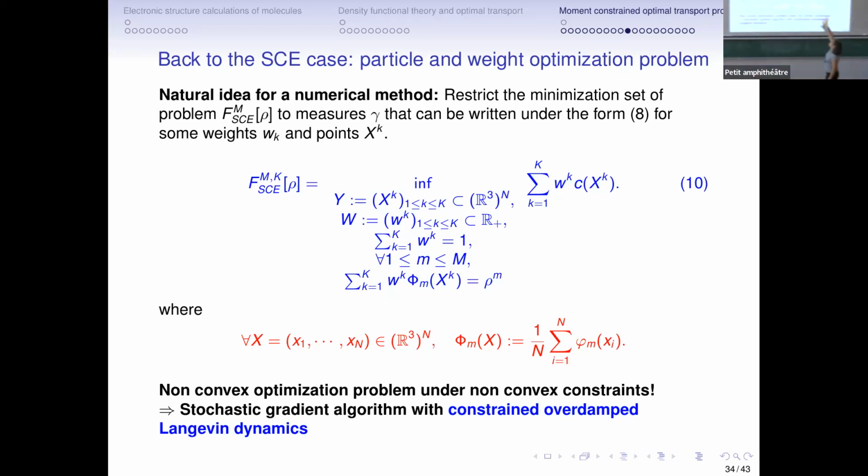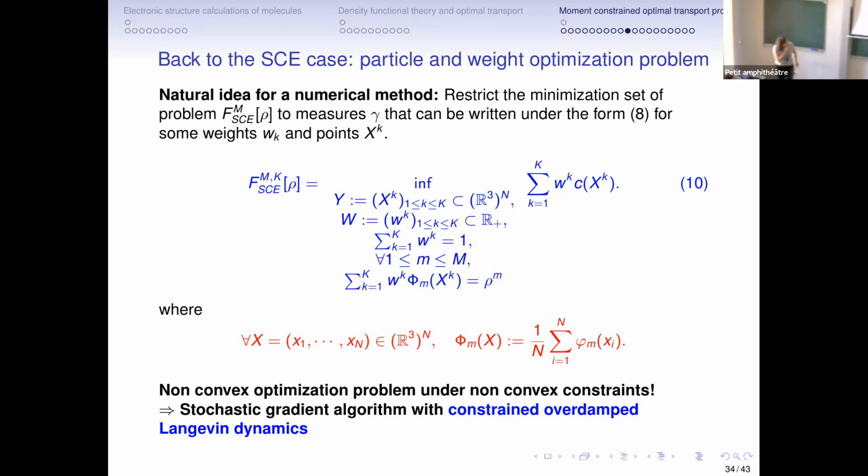So all in all, this reads as a non-convex optimization problem with non-convex constraints, but with a number of unknowns that is smaller than what you would have obtained with standard numerical methods. So there is no free lunch. If you decrease the dimension of the problems to solve, well, you've got non-convexity appearing here.